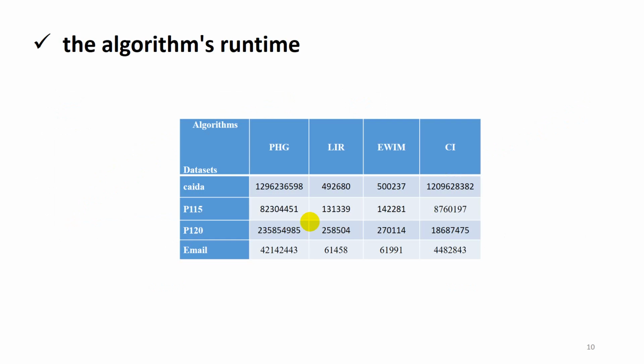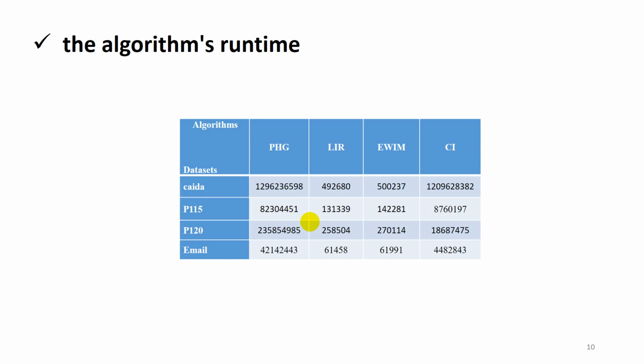The algorithm's runtime. Another important criterion that was investigated in the IMP is the execution time of the CI, LIR, EWIM, and PHG algorithms. This study tried to decrease the execution time of the algorithm compared to other cases.